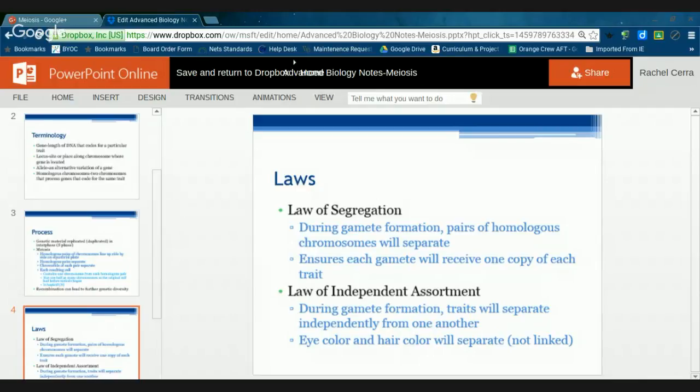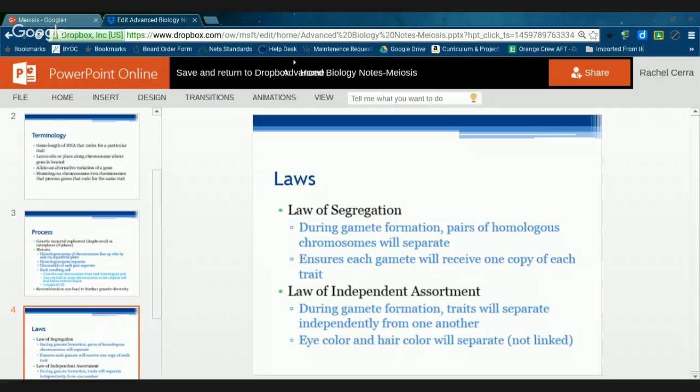So it's going to be a random chance as to what combination of traits you're going to get, or what versions of those traits you're going to get. So if hair color and eye color are located on two separate chromosomes, you might end up with mom's hair color but dad's eye color.